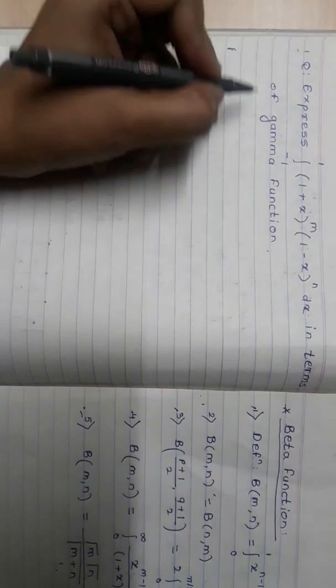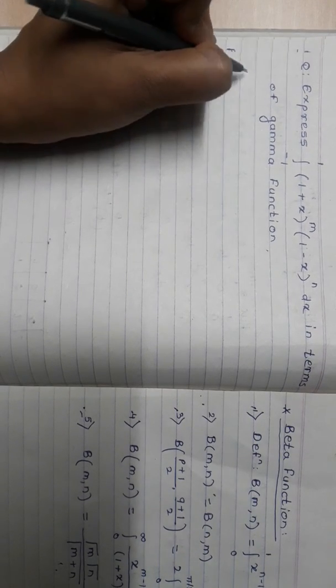We are going to get this by using substitution for x in terms of cos theta, and let's start with that. Particularly we are going to use the property of beta function.